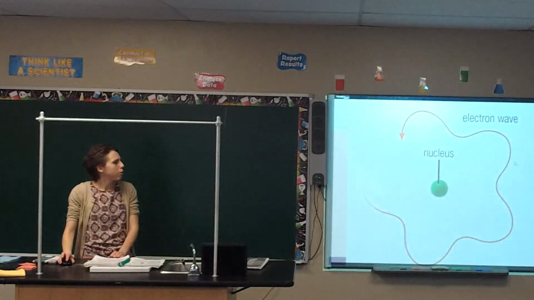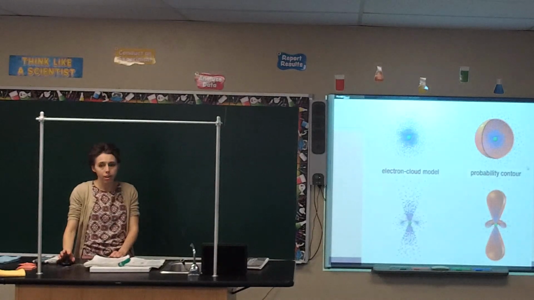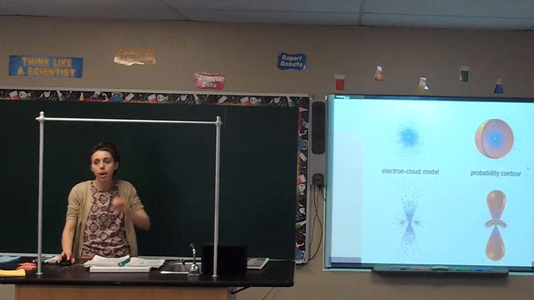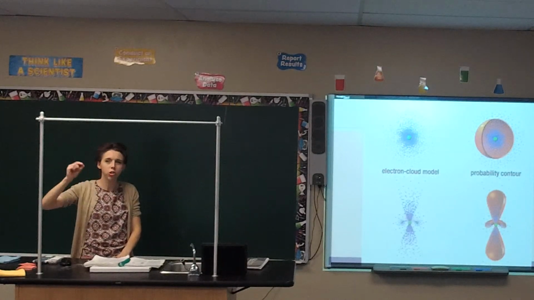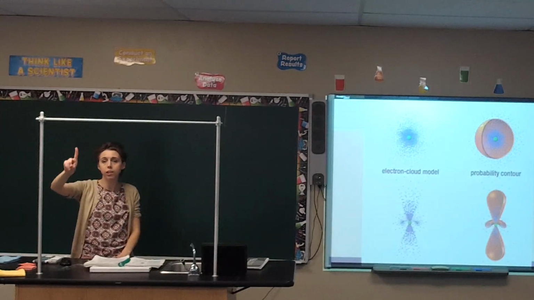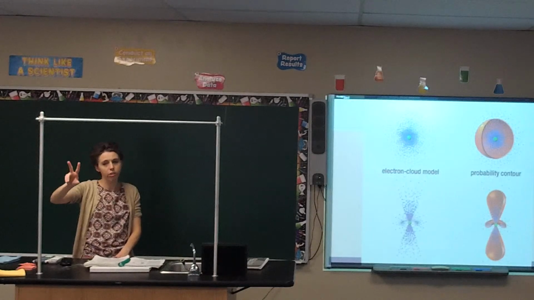And then you have the electron cloud model. Because they're moving up and down on that wave pattern, you don't know for sure where they're at, because remember, I can either know how fast they're moving or I can know where they're at and they're not moving anymore.